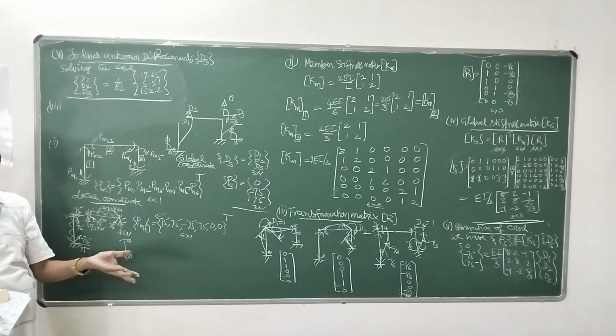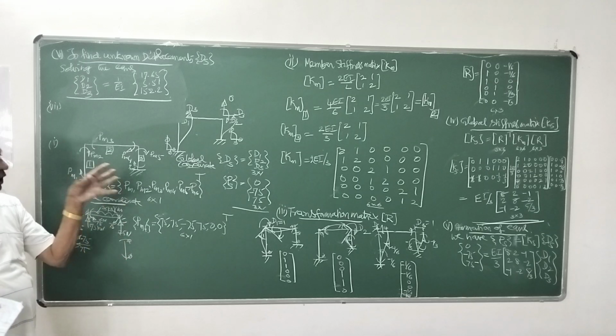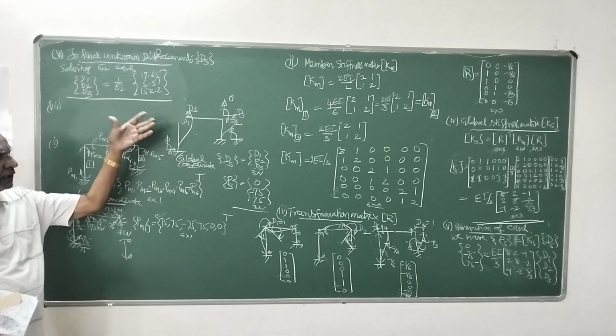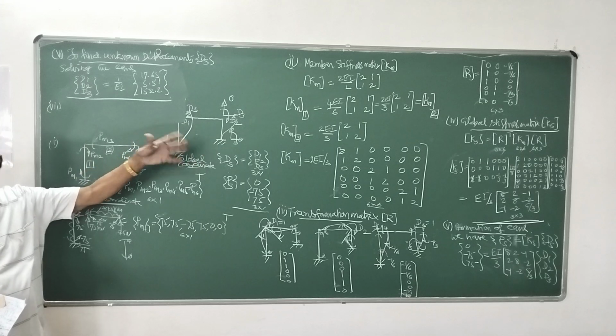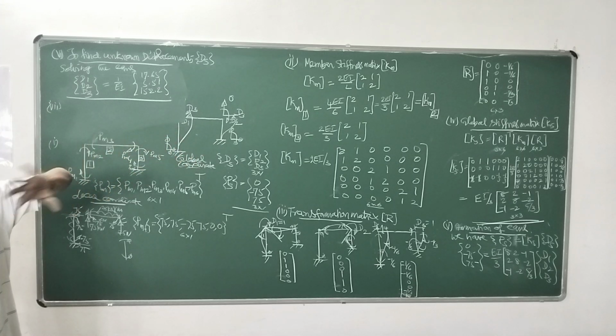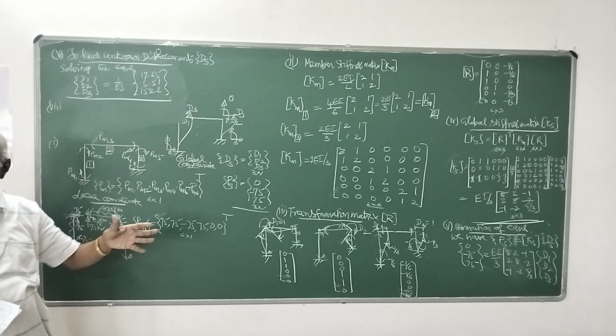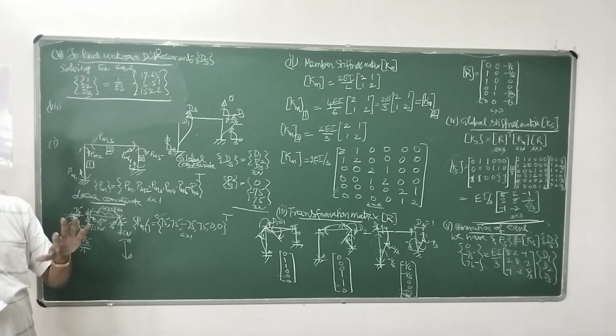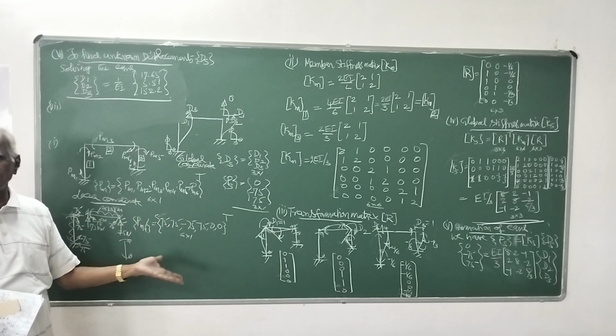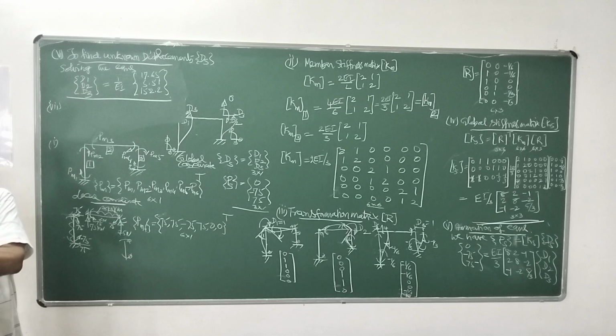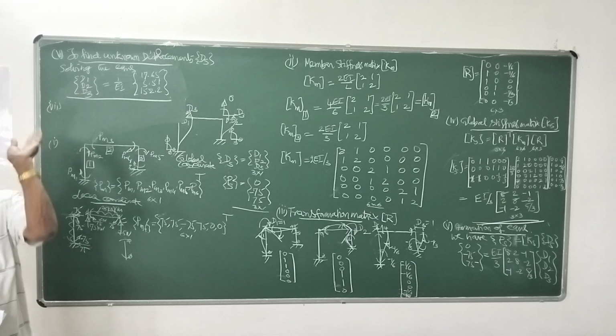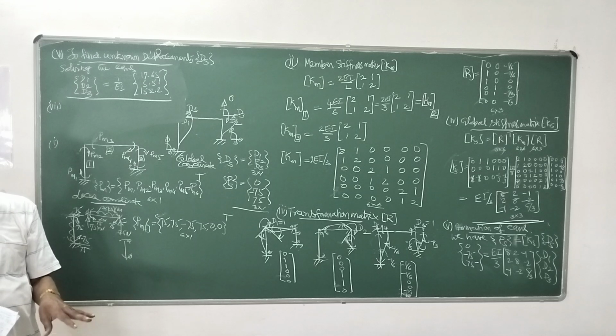That is, you are determining the member stiffness matrix in the local coordinate system. Here, we adopt what is known as the natural coordinate system. That is also a local coordinate system only.